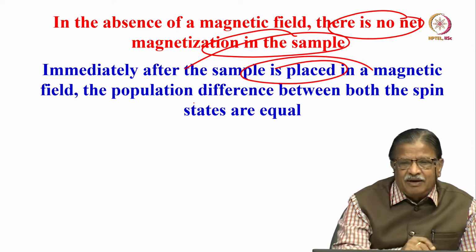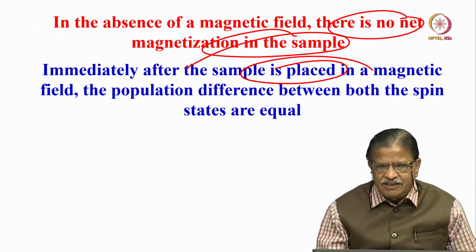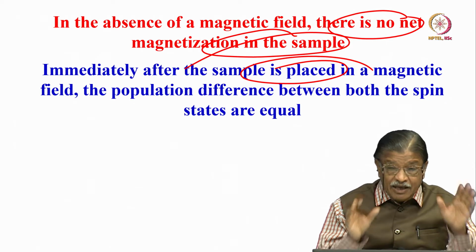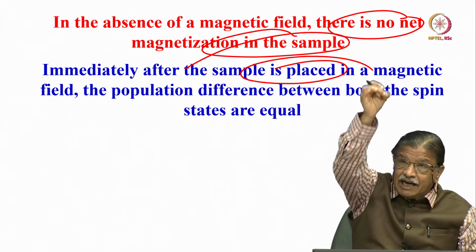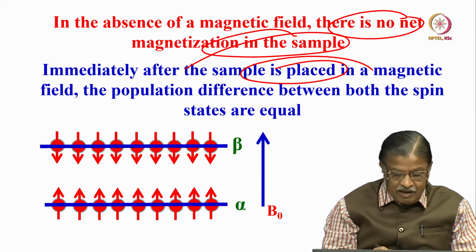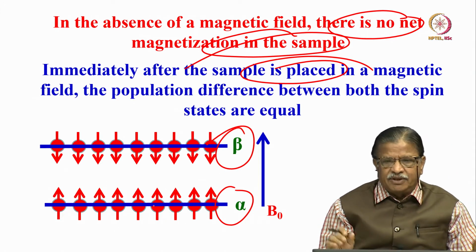Immediately after I put the sample, what is the population between different energy states? If I consider 2 spins, what is the population? I am not waiting even for a millisecond or microsecond. Immediately after putting the sample in a magnetic field, I look at the population difference. Both alpha and beta states have equal population.